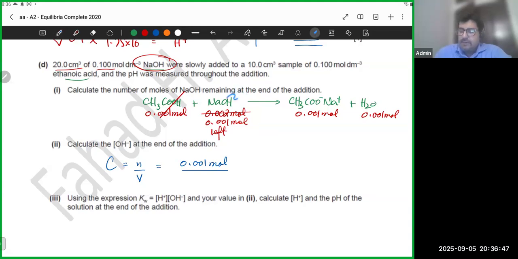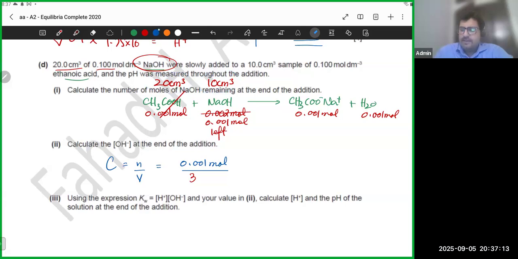So remember this as well, that when you mix two solutions, there was a 20 cm cube solution that was mixed with a 10 cm cube solution. When you mix two solutions together, the volumes get added up. So the moles of NaOH that are left are now in a solution whose total volume is 30 cm cube.